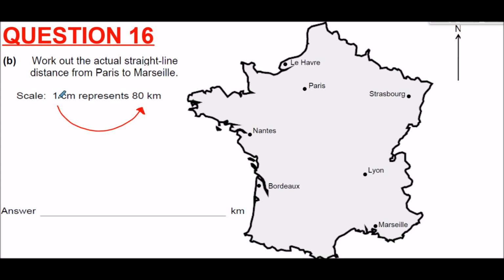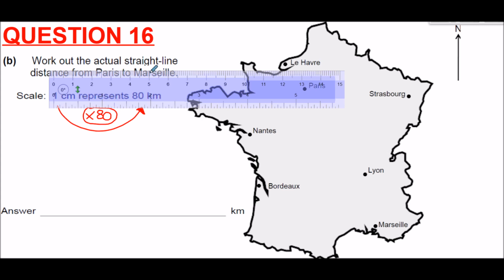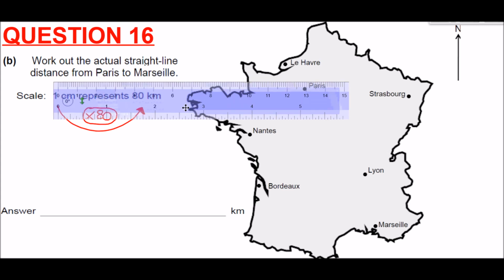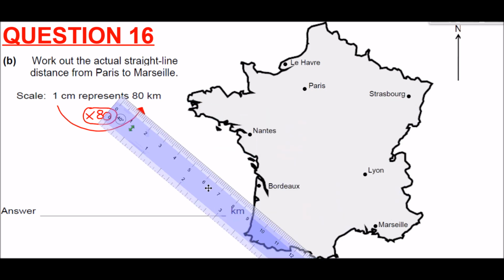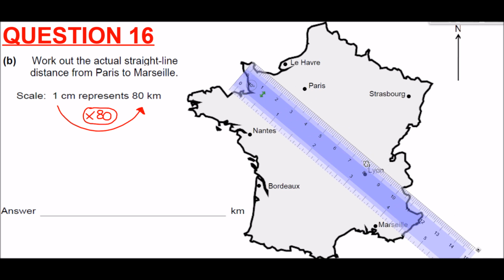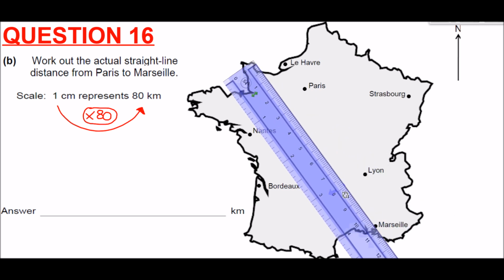So if we're changing from a small number to a bigger number, using this scale we've been given, to change from centimetres to kilometres, we're going to multiply by 80 to make sense of this diagram. So what we're going to need to do now is get a ruler, and with a ruler measure the distance from Paris to Marseille. So Paris is here, Marseille's further down at the bottom.